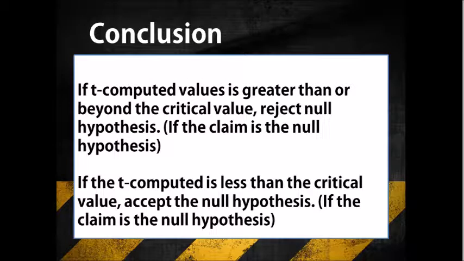For the conclusion, if the t computed value is greater than or beyond the critical value, reject the null hypothesis if the claim is the null hypothesis. If the t computed is less than the critical value, accept the null hypothesis if the claim is the null hypothesis.